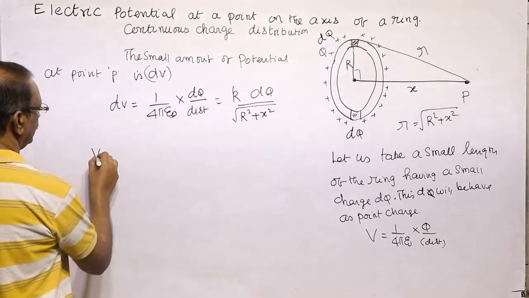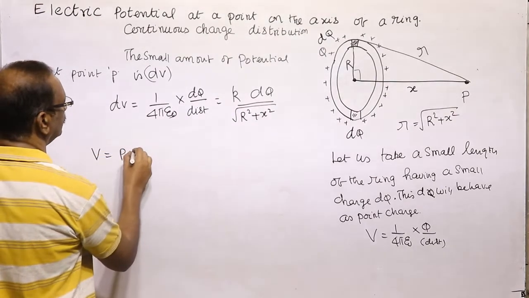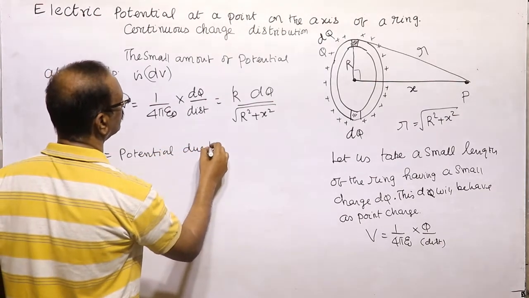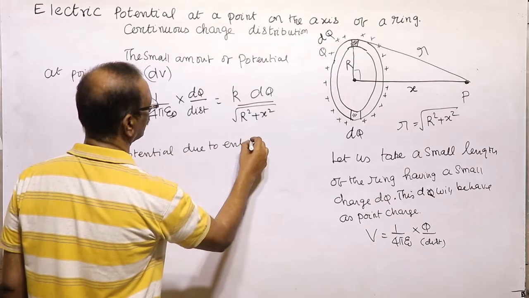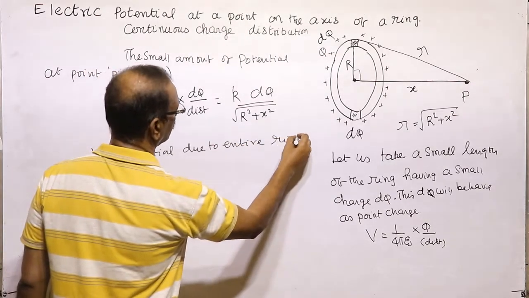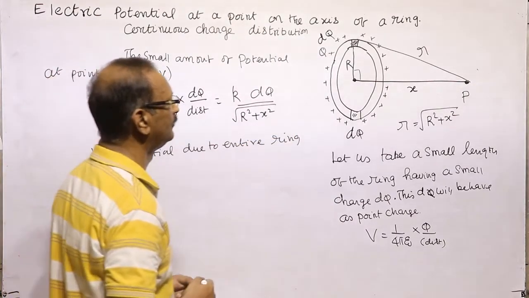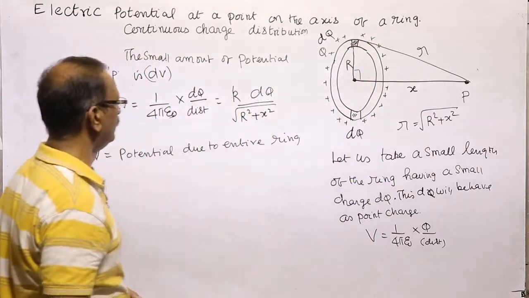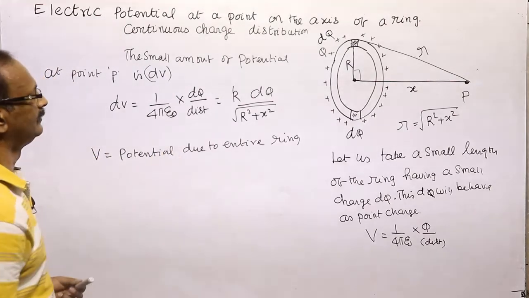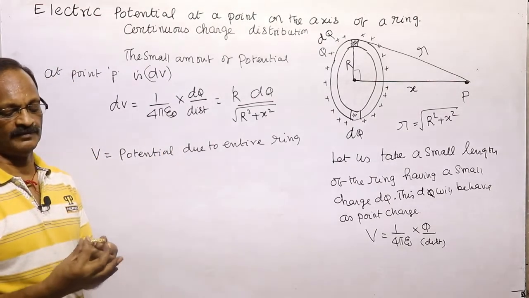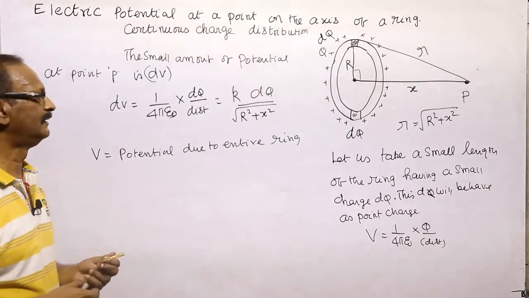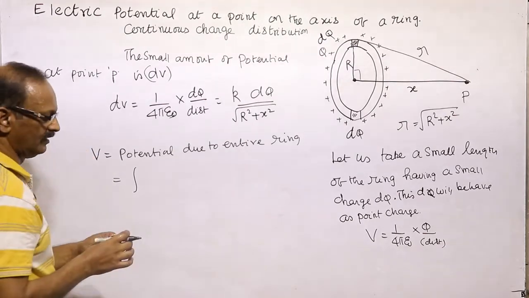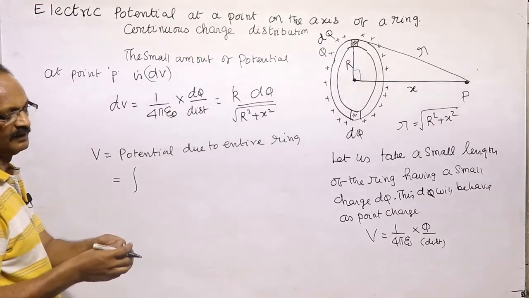So we want to find out the potential due to the entire ring. We have found the potential due to a small portion of the ring, and now we want to find it for the entire ring. Entire ring means we will integrate, add up all the small potentials.